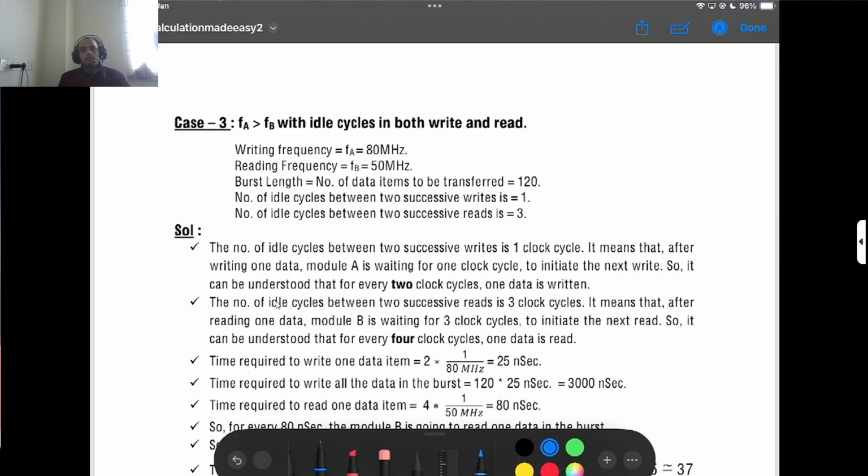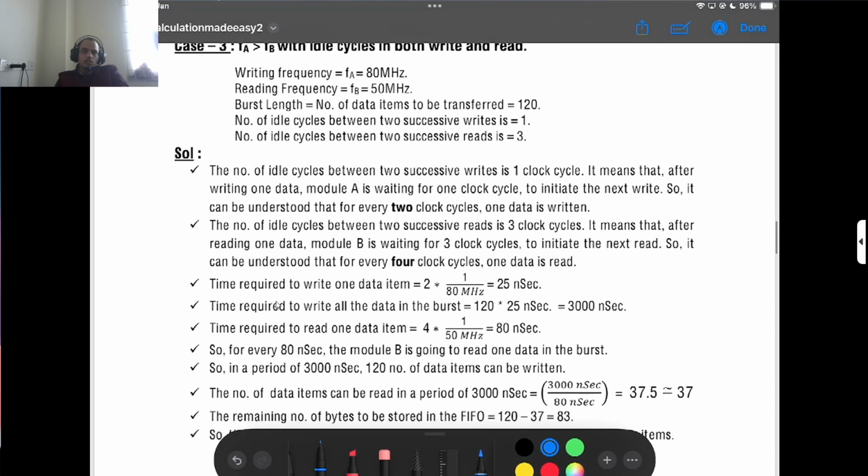The number of idle cycles between two successive writes is 1, and the number of idle cycles between two successive reads is 3. It's a little bit different, so let's go to the solution.